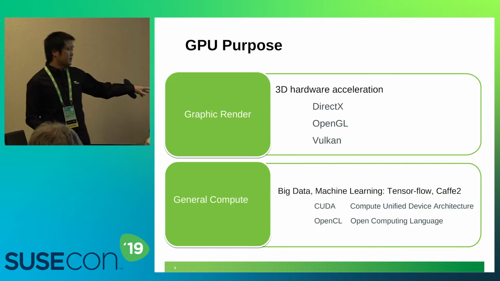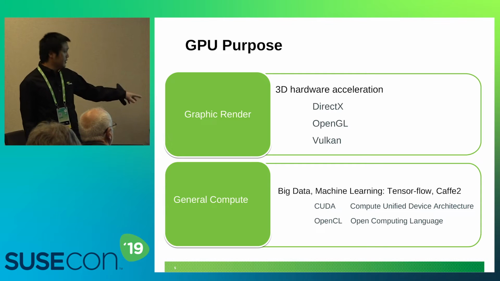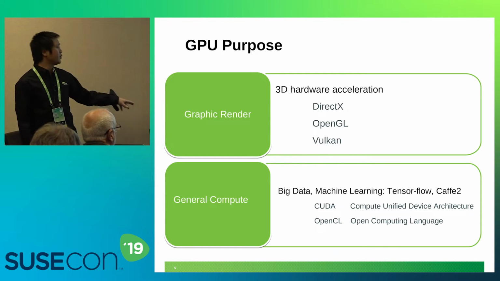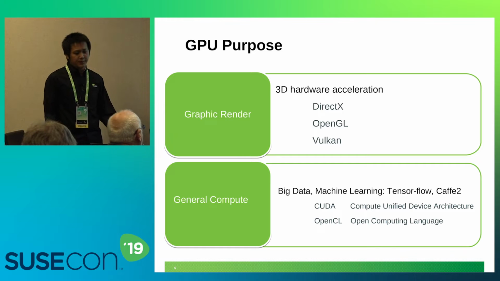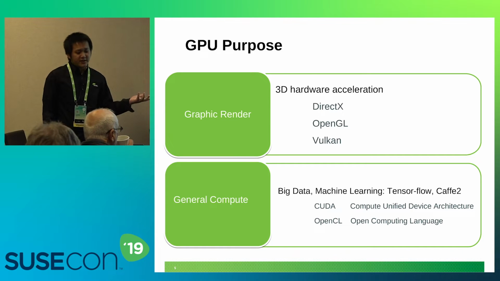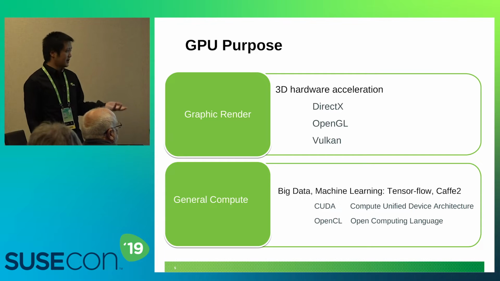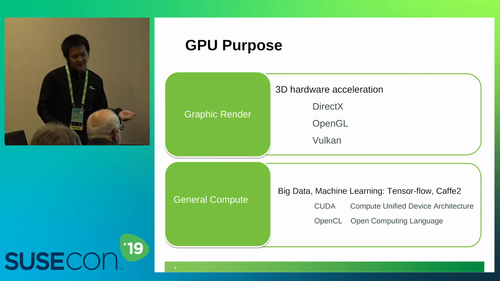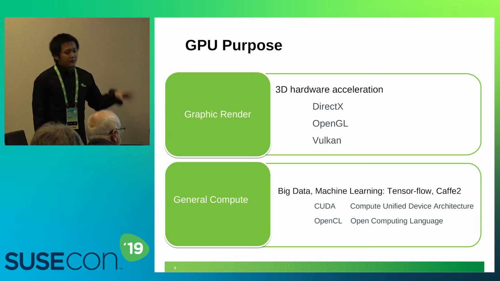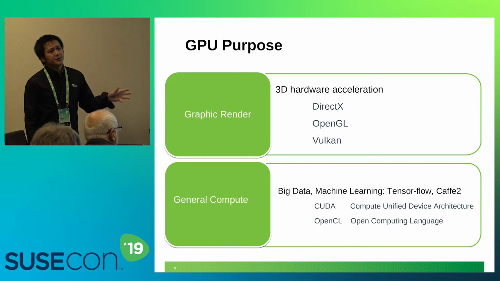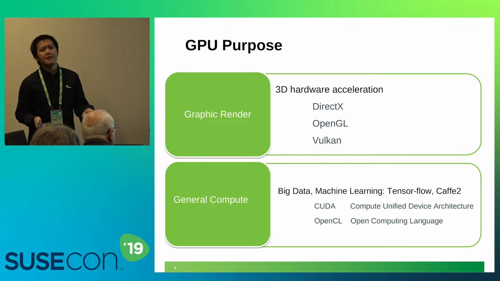The other part, which most people care about, is general compute. You can use it for big data, machine learning, or whatever you call it. I think you guys are experts, I'm not quite. But anyway, for GPU use, there's a pattern: they are all based on some library.